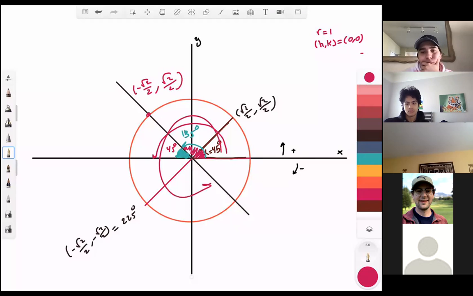And same thing here, I will go over it on Wednesday. This will be 315 degrees, same as 45. We get radical 2 over 2, comma negative radical 2 over 2. So with 45 degrees, we find 3 more coordinates.